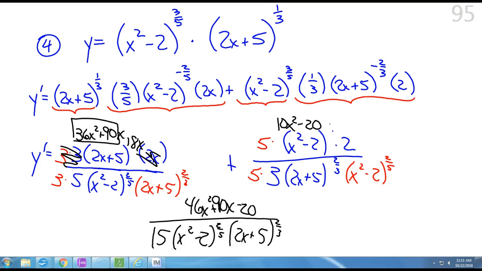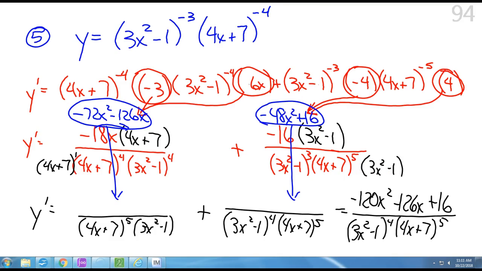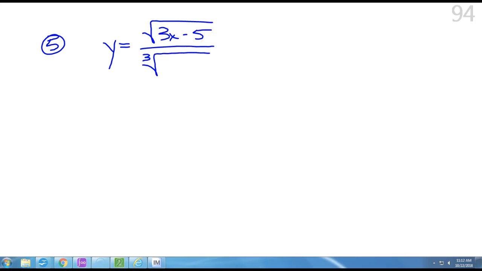Alright, let's run through one where I'm not even going to do the whole thing just because of time, but let's just run through one. Let's say it was set up like this. So, quotient rule and chain rule suck together.